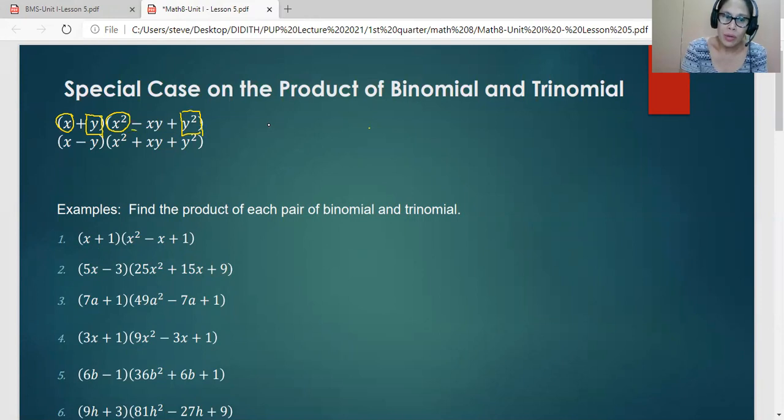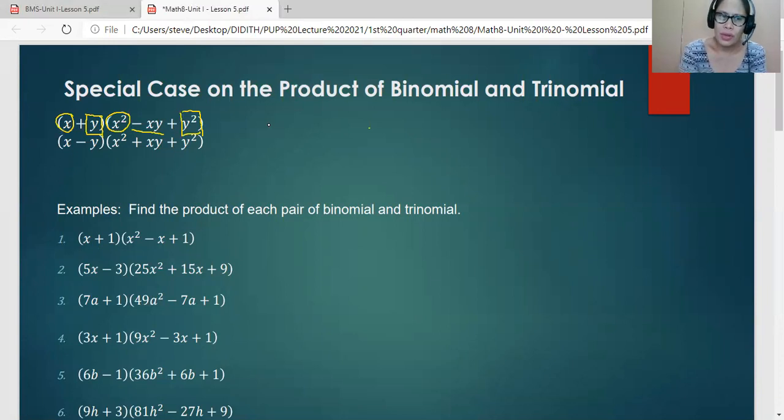And the middle term is the product of the first term and the second term of this binomial factor times -1. So we have negative xy. So that is how the binomial factor is related with that of the trinomial factor.